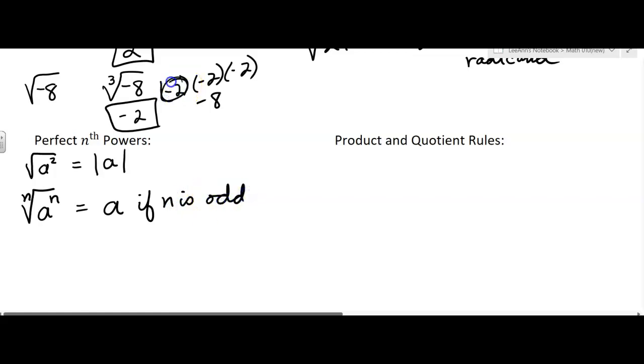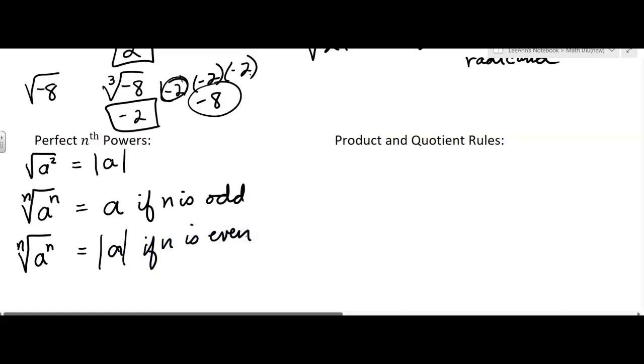So see how here I have negative 2 cubed? That's how we're getting that negative 8. So it stays true. But if you have the nth root of a to the nth, it's going to equal the absolute value of a if n is even. Just like with the square root, right?